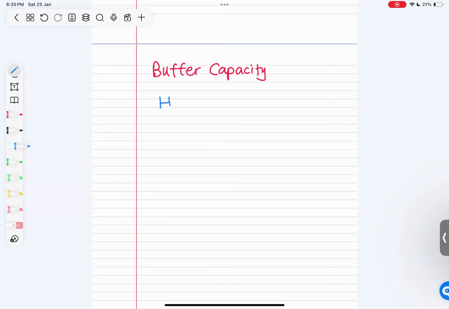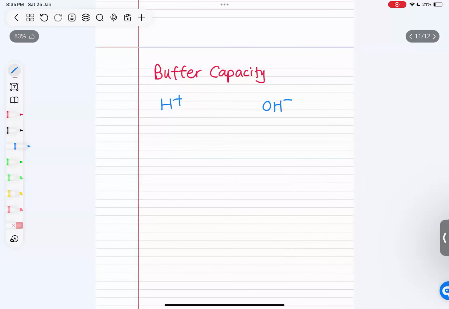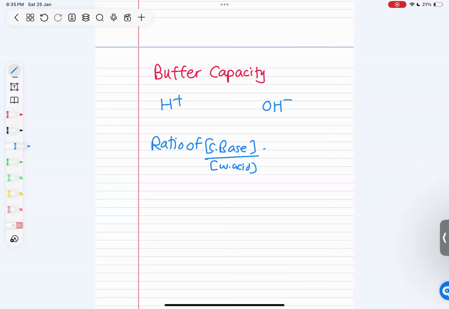So how much H plus and OH minus it can take without a big change in the pH. The larger the concentration of the weak acid and the conjugate base, the higher the capacity. A ratio of conjugate base to weak acid concentration equal to 1 gives the best capacity.